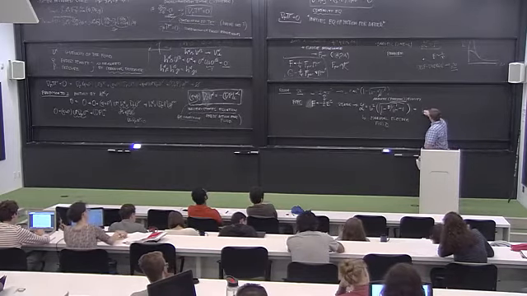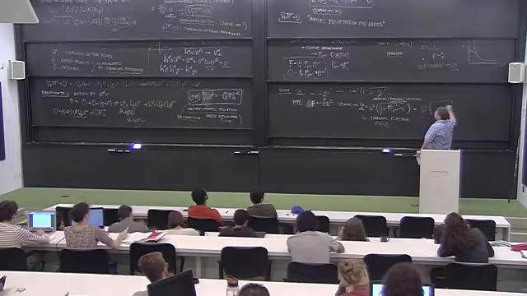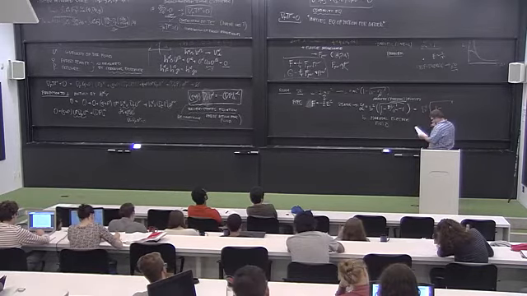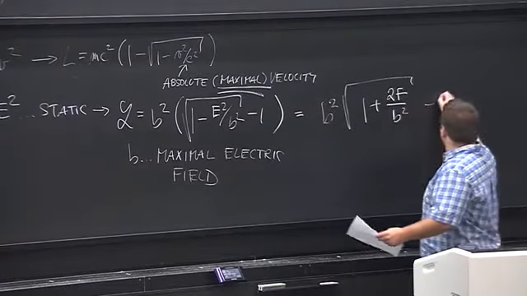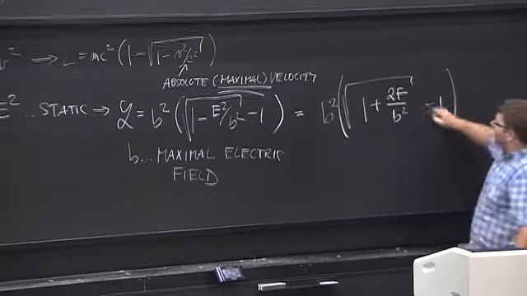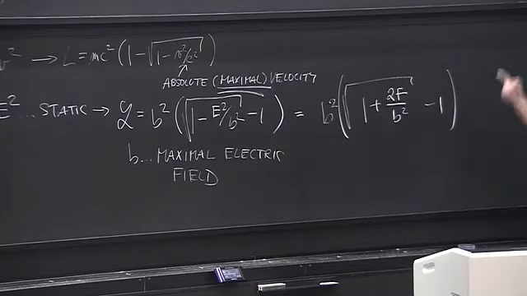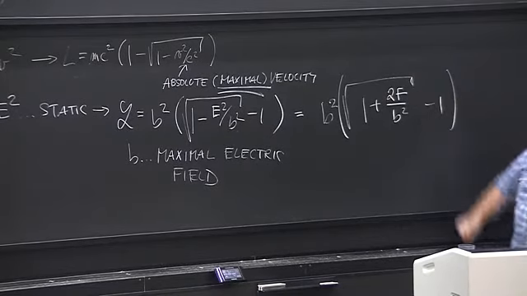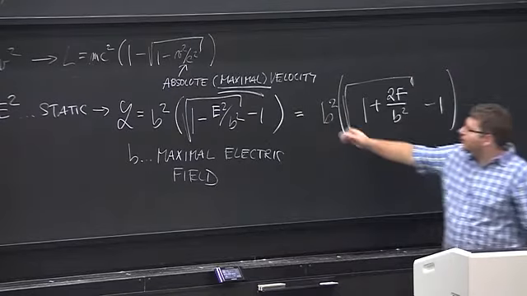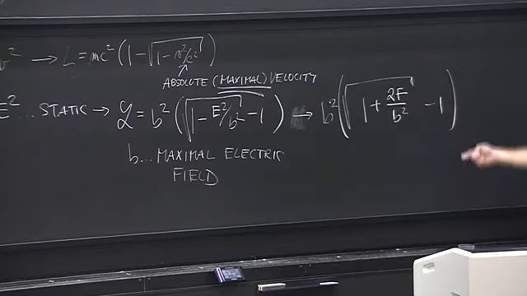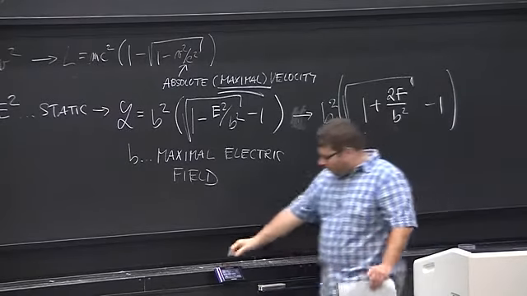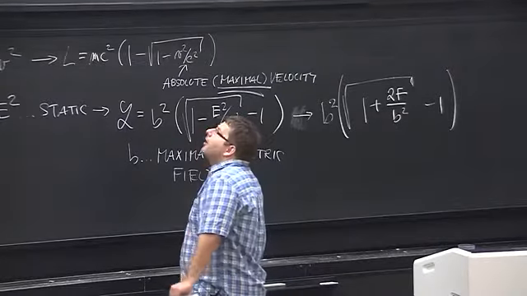But if I write it in the form 1 minus the square root of 1 plus 2F over b square, minus 1, then it depends on my invariant F, and this will be a scalar, and it will be a nice theory. So this is what Born wrote down, really motivated by special relativity, and this is called Born electrodynamics.